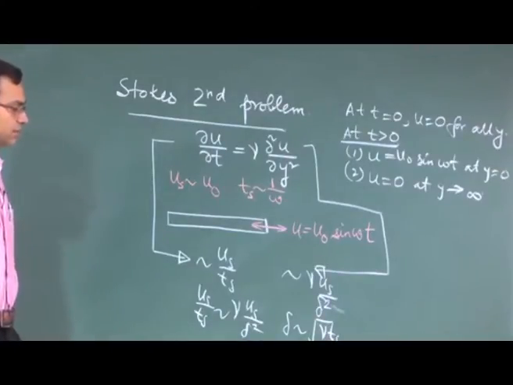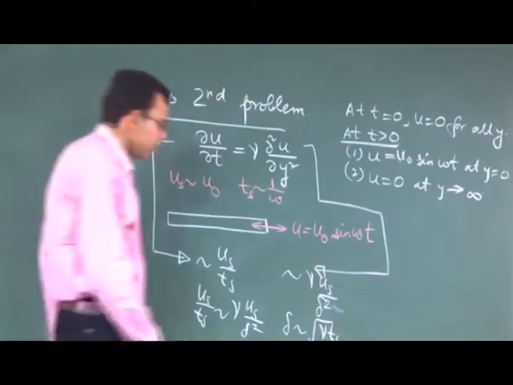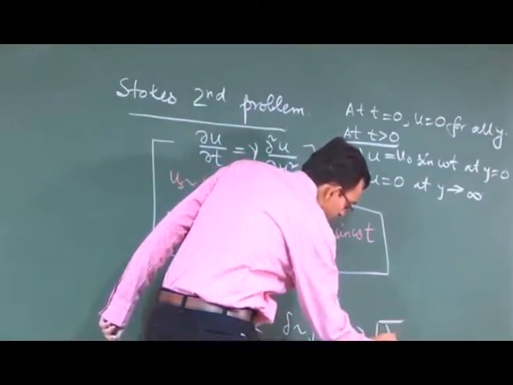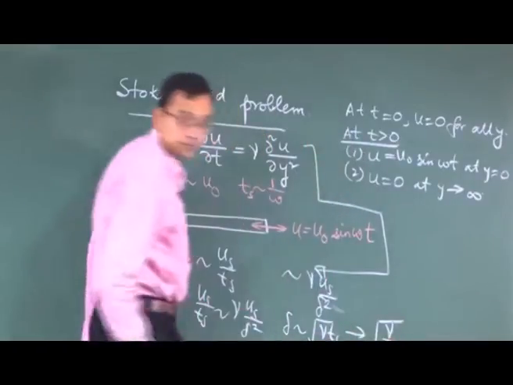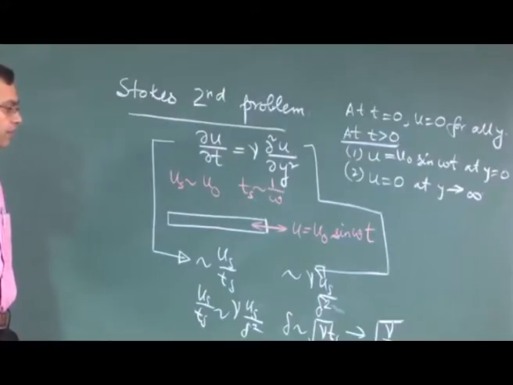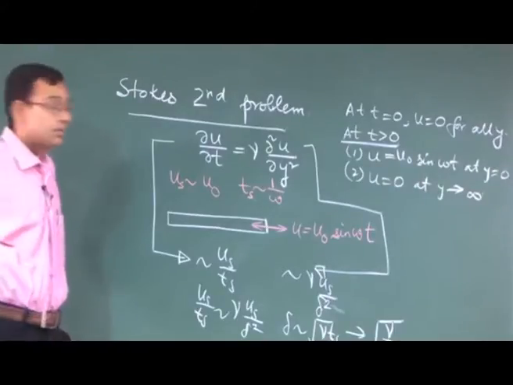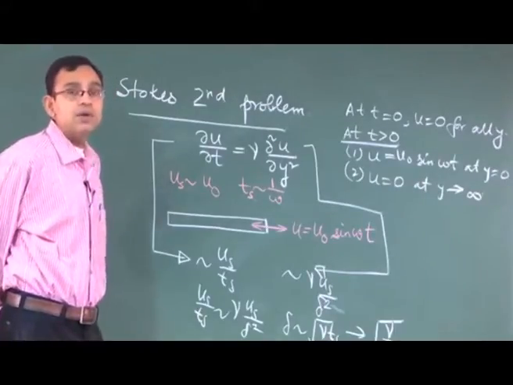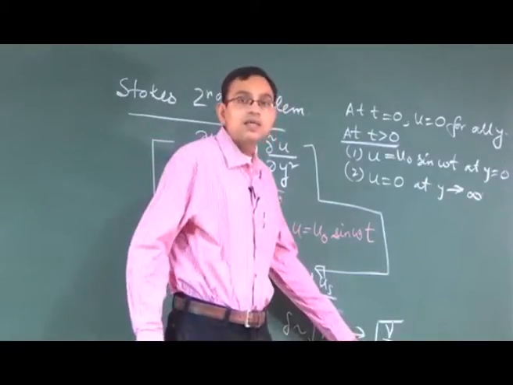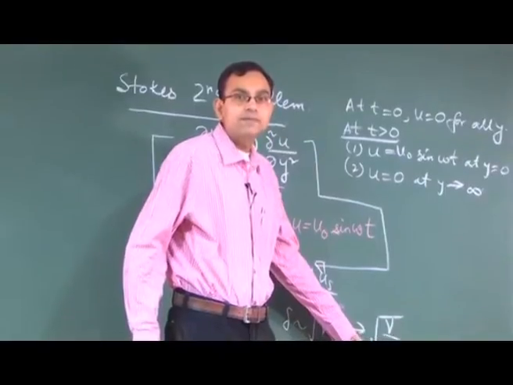What is Ts? Ts is 1 by omega. So, delta will scale with the square root of nu by omega. This actually governs the physics of this situation. This delta scales with the square root of nu by omega.